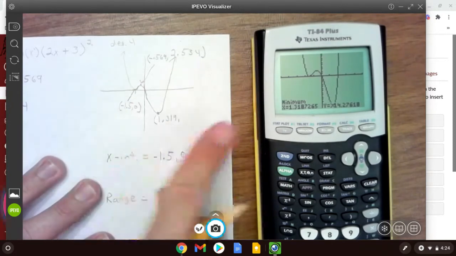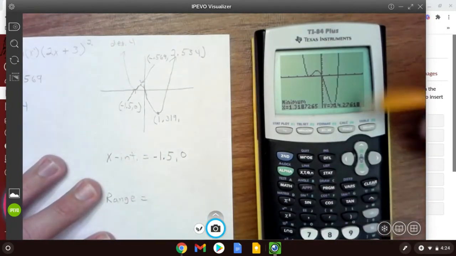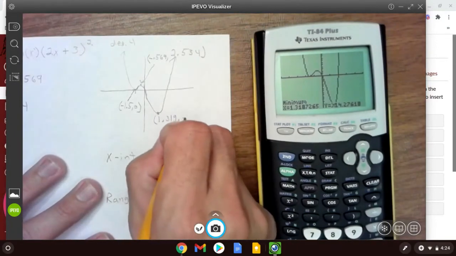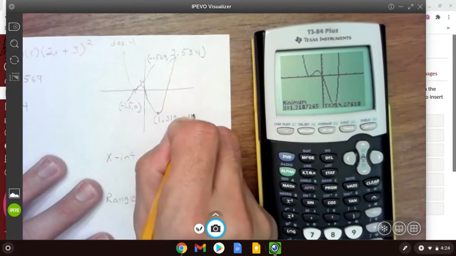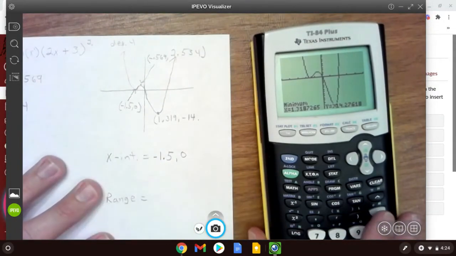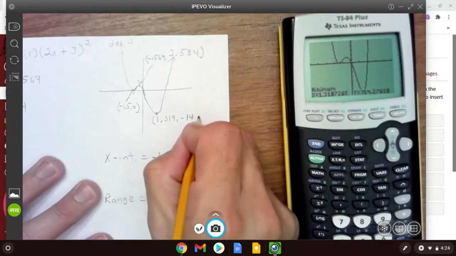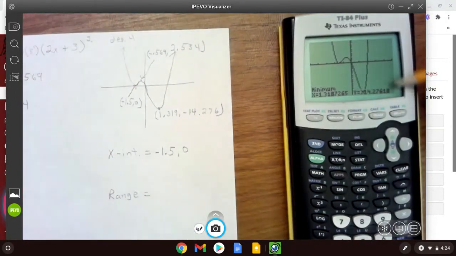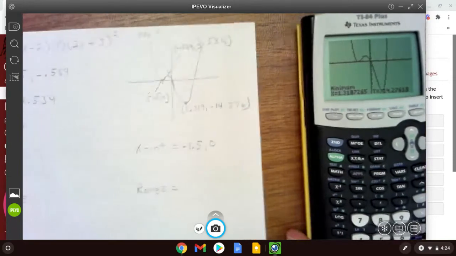That's how far to the right it is. And then, I can't really see that. I think it's negative 14.276, looks like. If that happens where you can't read it completely, you could just change your window and go further down on the y minimum. That'll help.